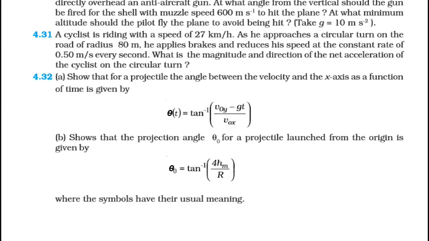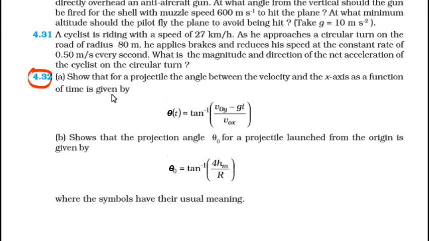Now let us do question number 4.32. A. So for a projectile, the angle between the velocity and x-axis as a function of time is given by theta of t is equal to tan inverse of V0y minus gt upon V0x.